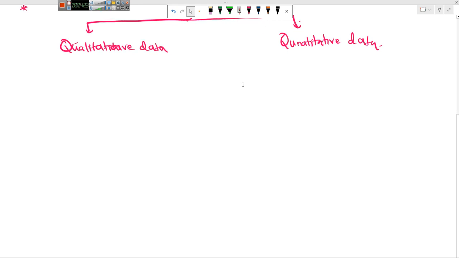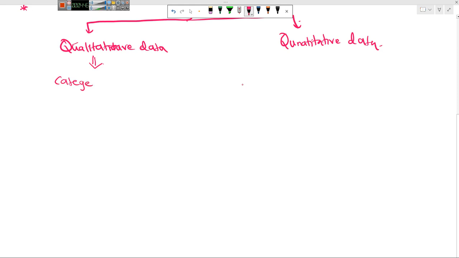As the name suggests, qualitative data is just characters or attributes, right? So they cannot be measured numerically. On the other hand, quantitative data can be represented numerically, right? So we can measure as numerical values, right? So these qualitative data are used for categorical data, right?